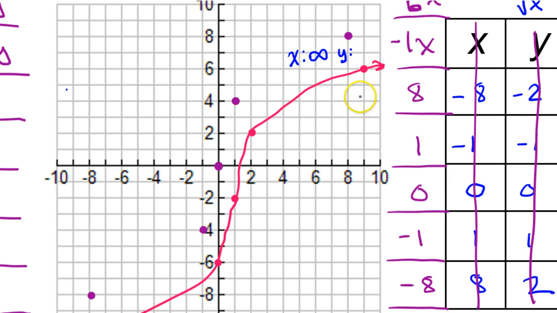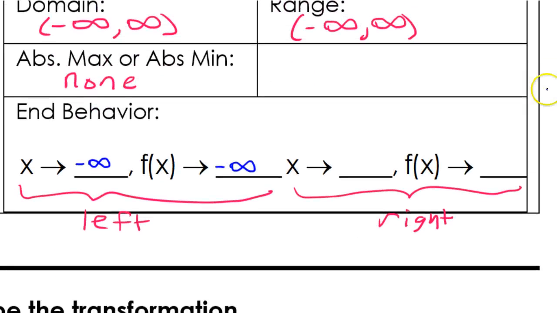Now y values go down and up. Is this going down or up? It's going up, so that's also positive infinity. So, positive infinity, positive infinity. So as the x values approach positive infinity, the y values approach positive infinity. And that is it for problem number 24.